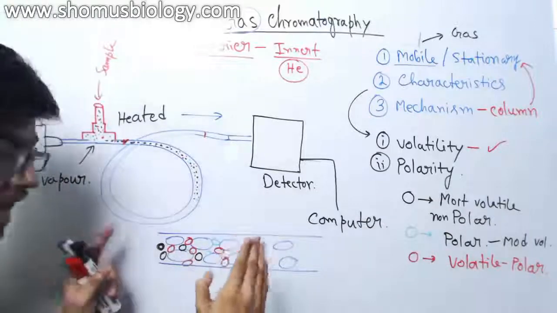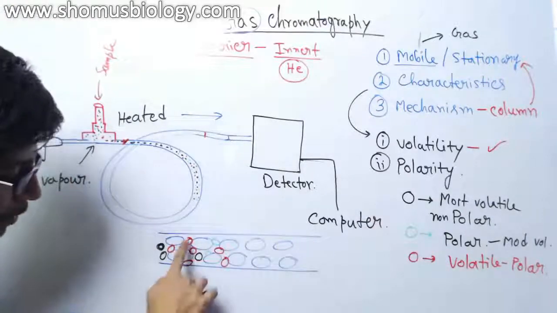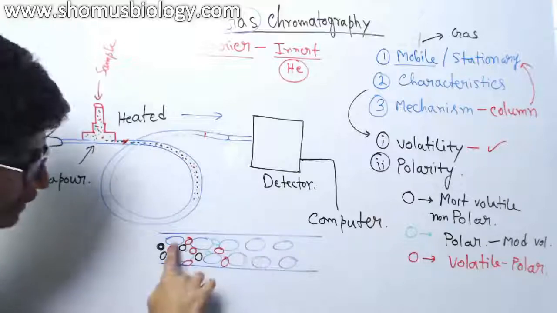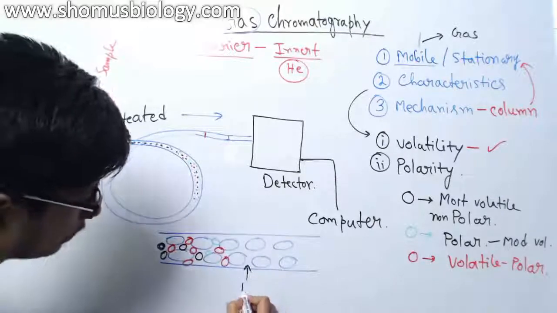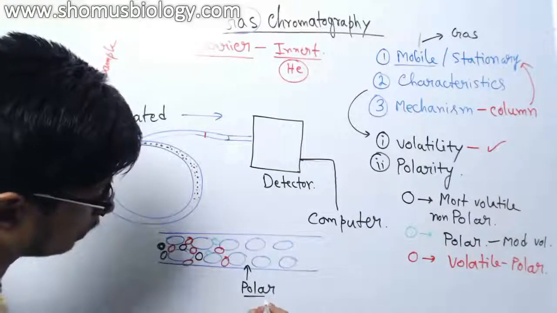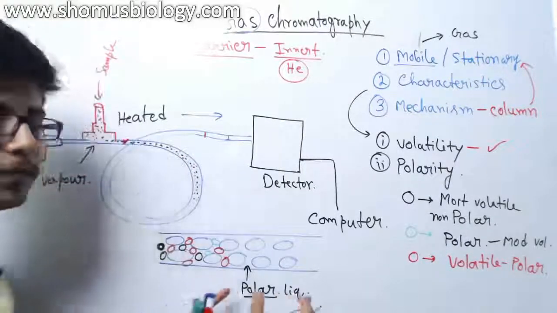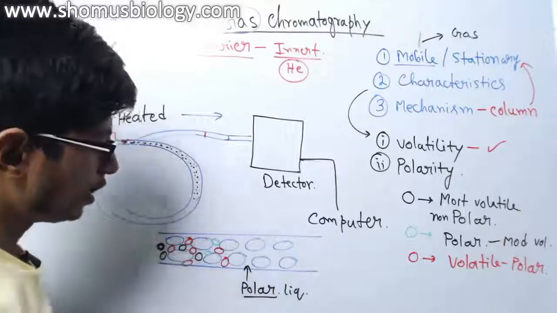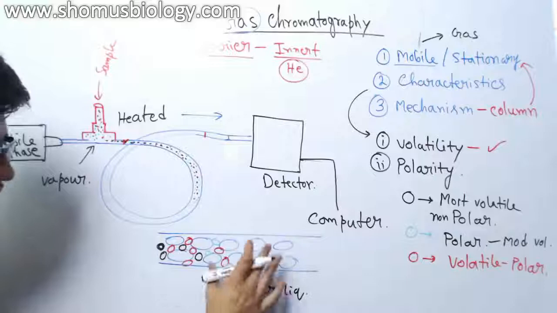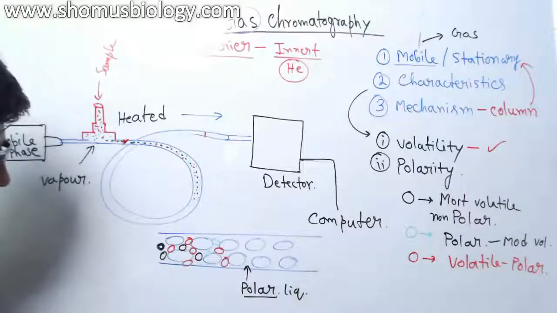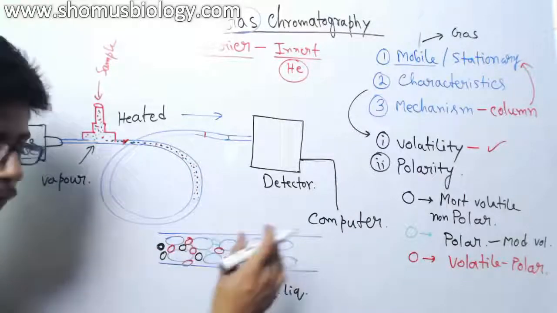So now what actually happens in this column? Let's say this column that we make is polar. It's made with a polar liquid, because I told you it's a liquid stationary phase. So it is a polar molecule that is making the stationary phase, and the mixture is moving.